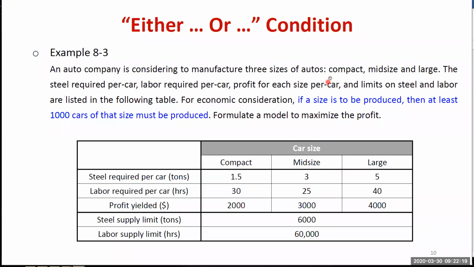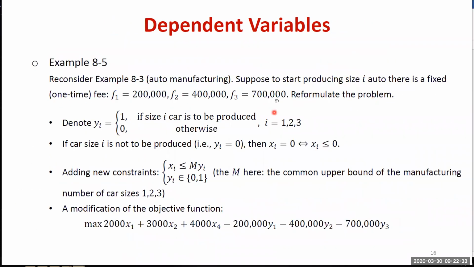And the initialization one-time fee for the compact vehicle is $200,000. For the middle size is $400,000, and for the large size is, how much, I forgot, F3, as $700,000. Okay, and then I ask to formulate the problem.